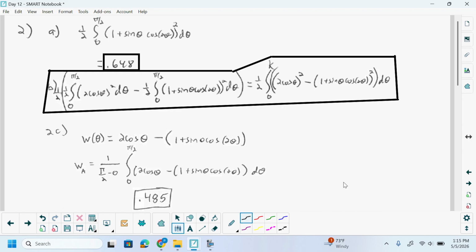And then I threw a 1/2 out in front of that. So my left side represents half the area of S. And then the other side is that same g of theta squared minus f of theta squared with our polar area setup. That's why it's got a 1/2 out front.